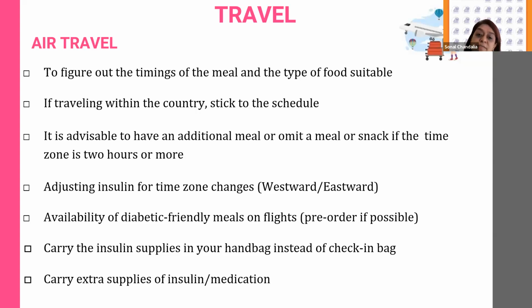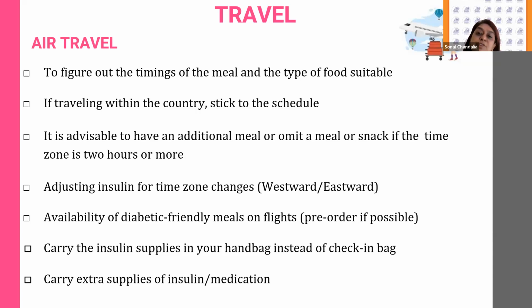When air travel is being undertaken, we know that there is sometimes a huge difference, mainly in international travel, of time zone changes. Within a country, like when you're traveling within India, it may not matter. But in both situations, there has to be an extra kit, the medication kit, which has the insulin, the injections, and also the medication.